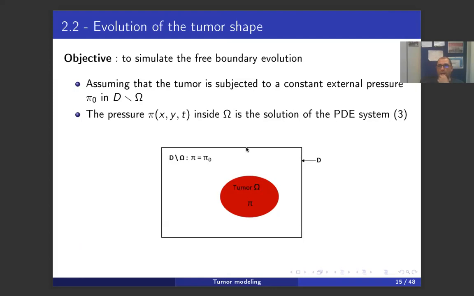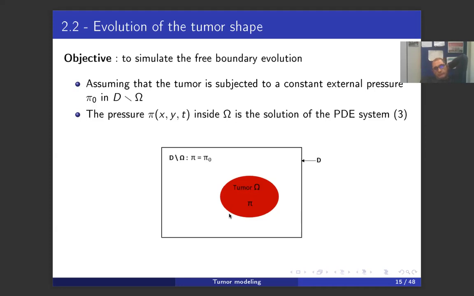Omega is inside the domain D, and omega evolves inside D. If we suppose that omega is a tumor, for example, in some organ, D is the organ and omega is the tumor. And what is the shape of omega?